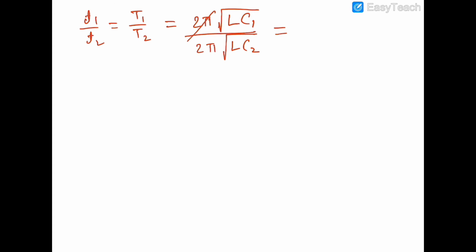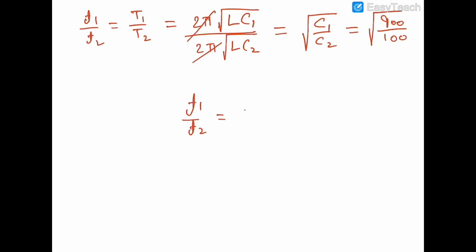Now 2 pi will be cancelled and L will be cancelled. So this would be equal to under root of C1 upon C2, and C1 is 900 and C2 is 100. So this ratio of t1 upon t2 would be equal to 3. So this is the final answer.